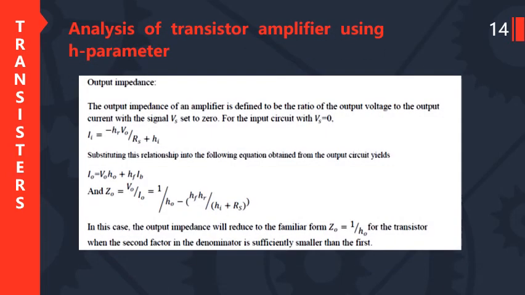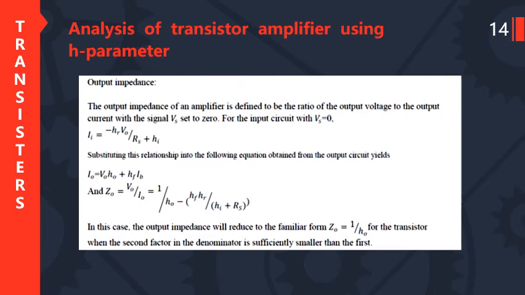Next one is the output impedance. The output impedance of an amplifier is defined as the ratio of the output voltage to the output current with the signal Vs set to 0. For the input circuit with Vs equal to 0, the value of II is equal to minus HR into V0 divided by Rs plus HI.